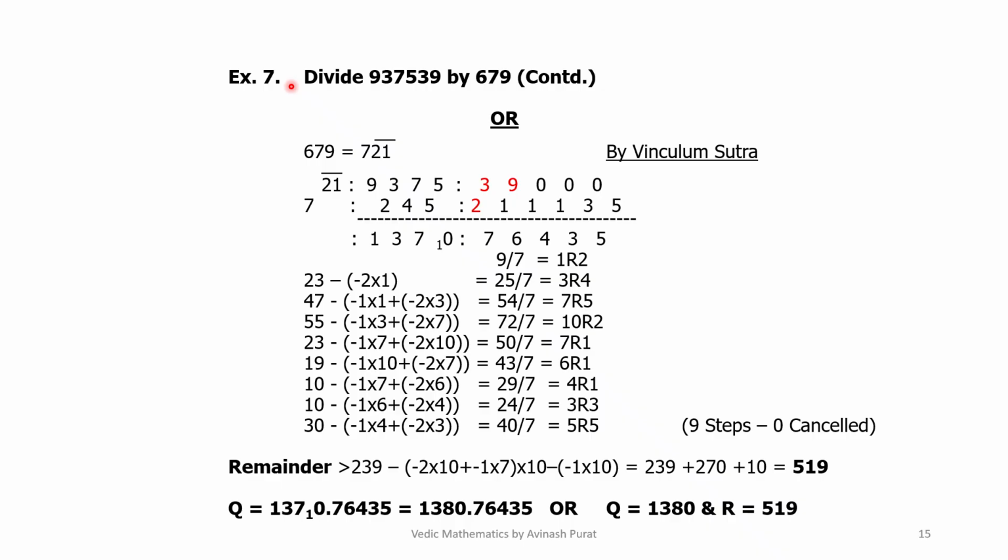Again, we take the same example and continue by using the Vinkalam Sutra. So 679 equals 7 bar 2 bar 1.